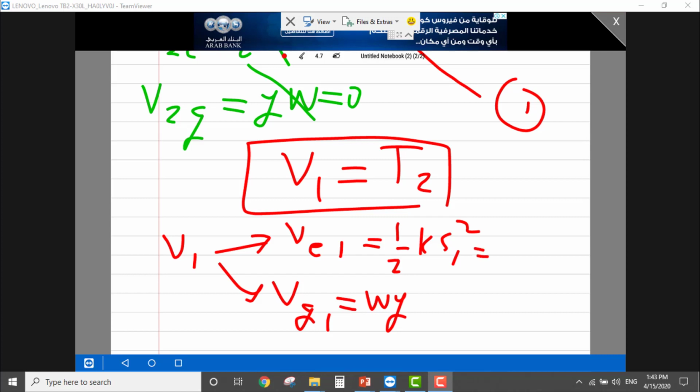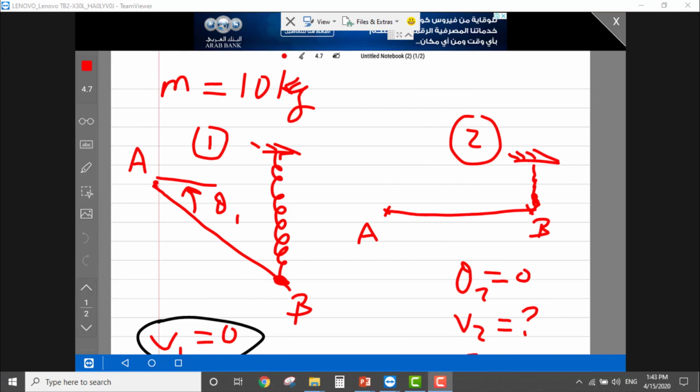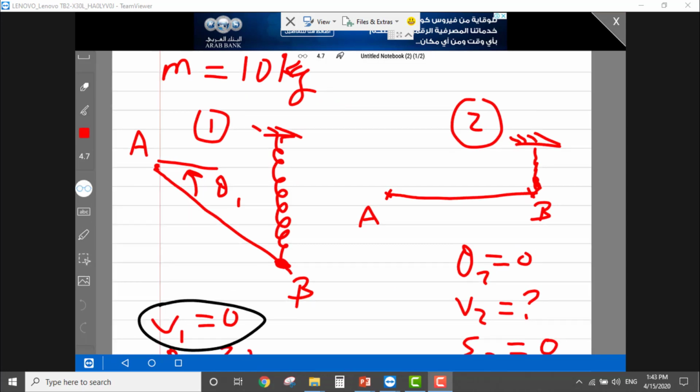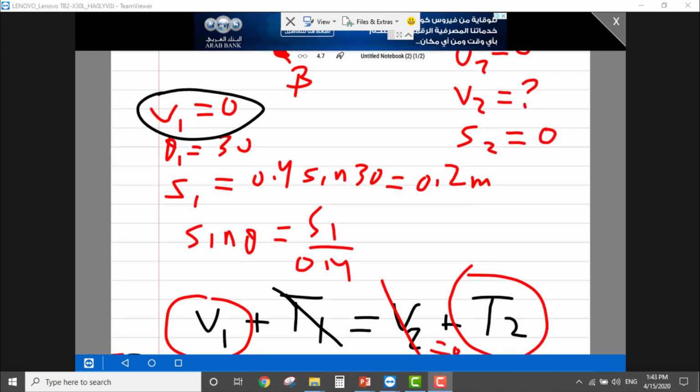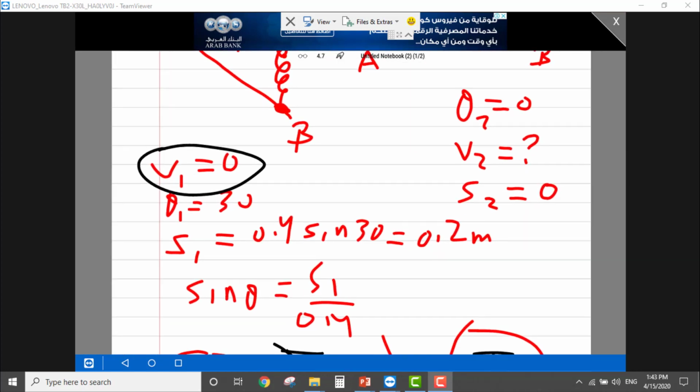So this is always positive. Half, the spring stiffness is 800, multiplied by S1. I think we calculated S1. Let us read that together: it was 0.2.